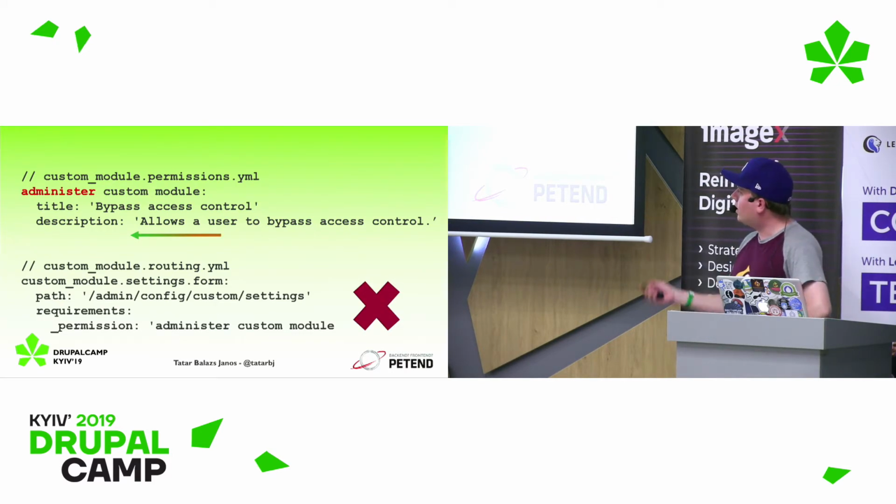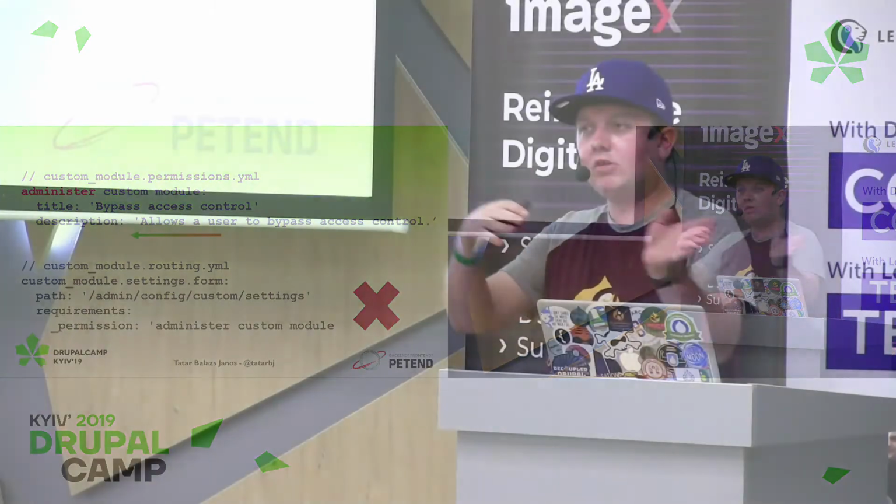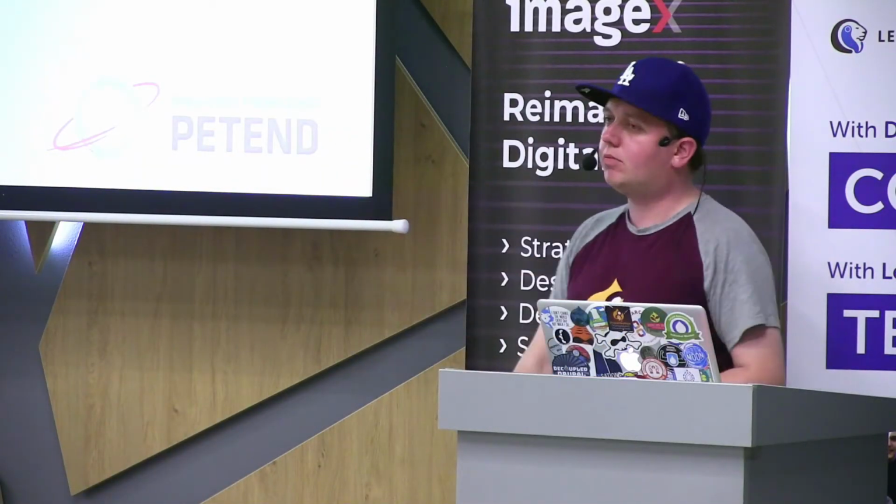It's red because we talk about an administer permission. I mean, it's more of a semantical problem. If you use an administer permission, even in custom code, maybe that module will be shared back to the community, and especially in that case, the administer permissions always have to be restricted.